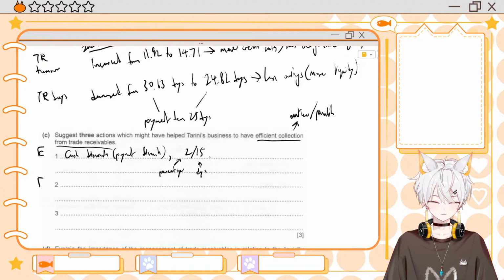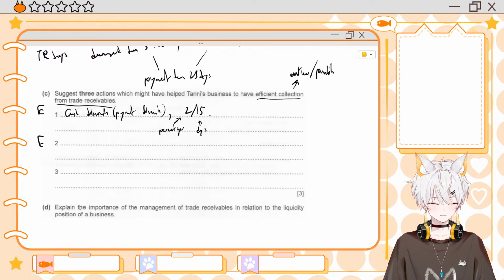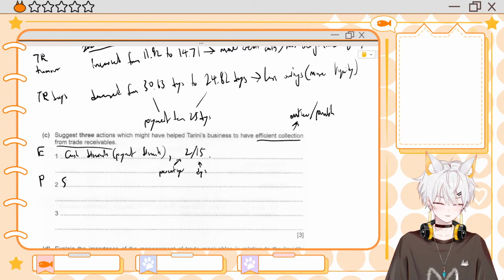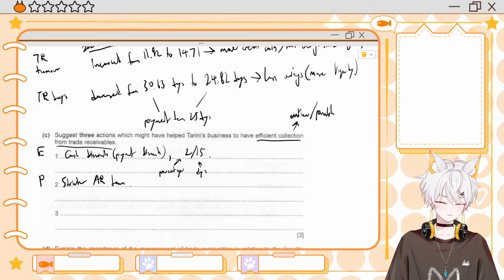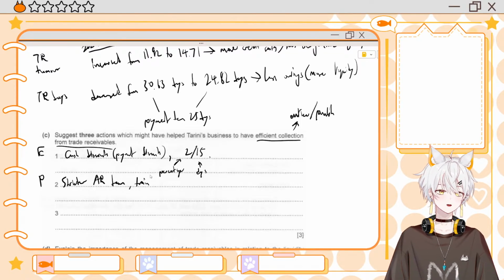The next one will also be enticing. Well, actually, let me think. Might be punishing. You have a stricter AR team, right? So you train them essentially to be more strict with enforcing the policy.